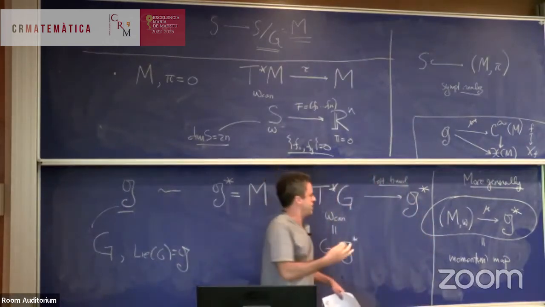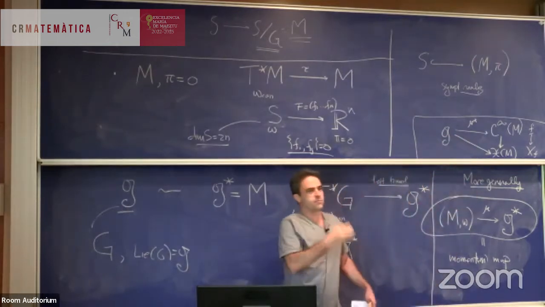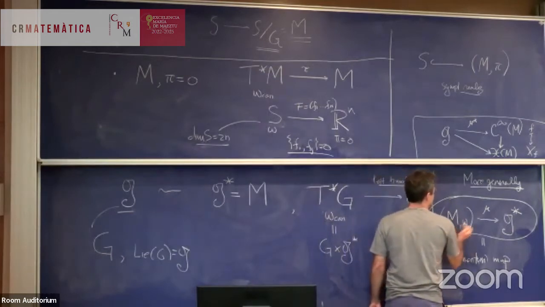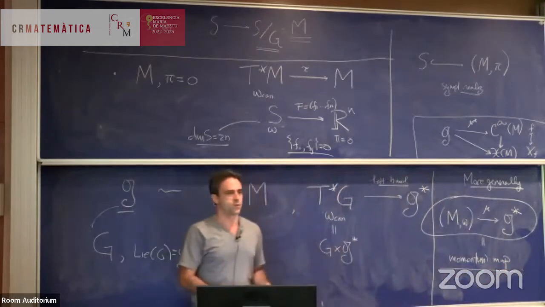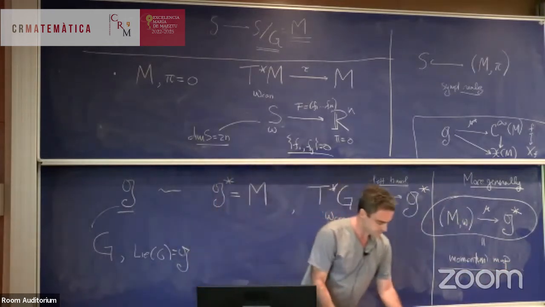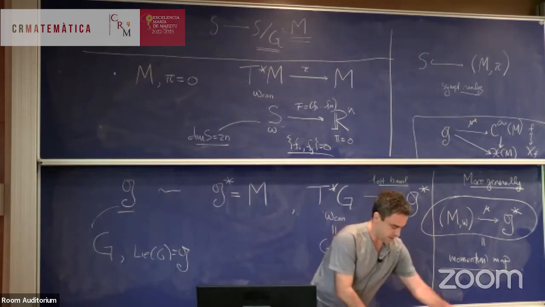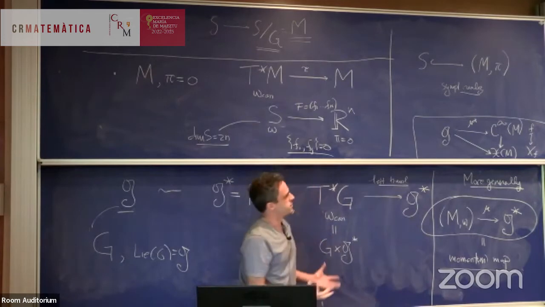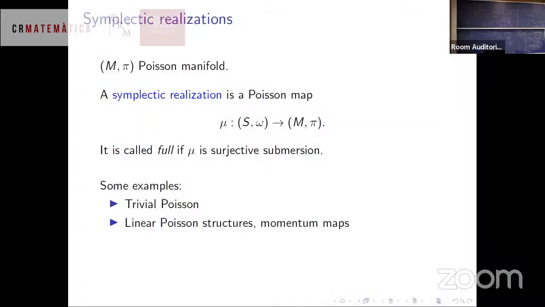Okay, so I'm just saying that it is equivariant, blah, blah, blah. Except that in principle we may not have the Lie group around, but it doesn't matter. I'm just saying that symplectic realizations are moment maps for the dual of a Lie algebra. Good. And one of the questions that I would like to address is whether, in general, I can see an arbitrary symplectic realization as the moment map for something.